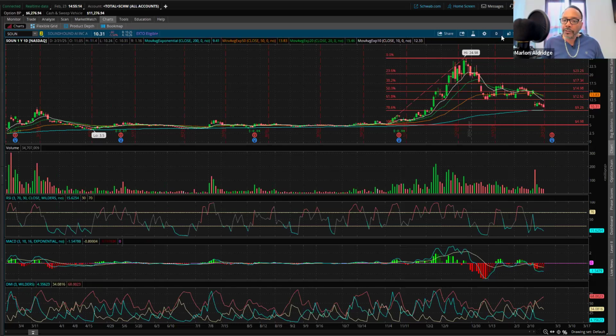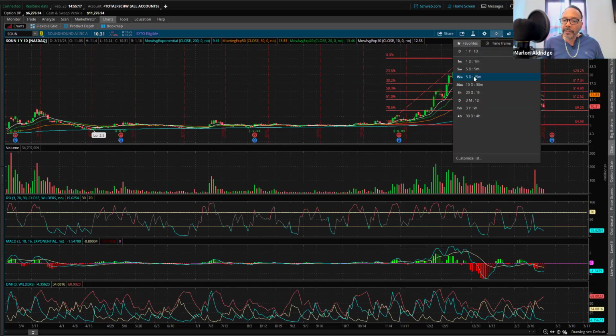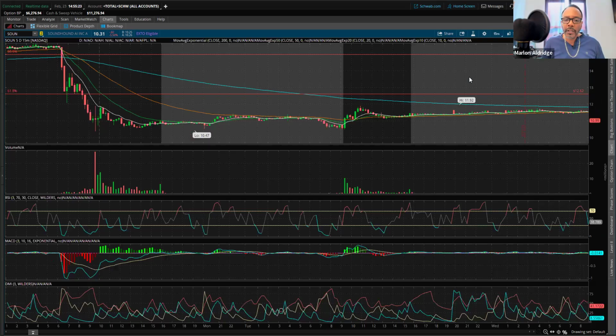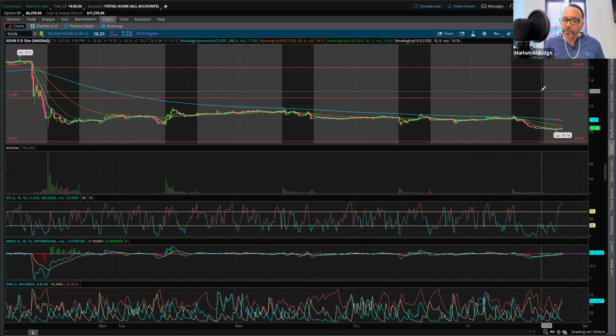Then instead of using the day, some people do it on a minute, but I think that's too much noise. I'll do it on 15-minute intervals. As you can see, there's a lot of junk there, and I don't want all that. I'll go back to the last day, and I'll go to 9:30.